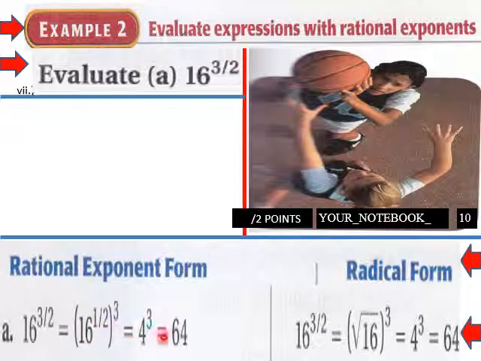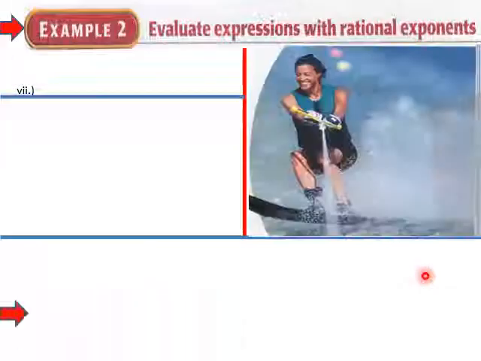And then 4 cubed is 64. Then the radical form here is the radical 16, cubed, because 16 to the 1/2 power is basically this radical here. And then you cube it, and you get the same thing.